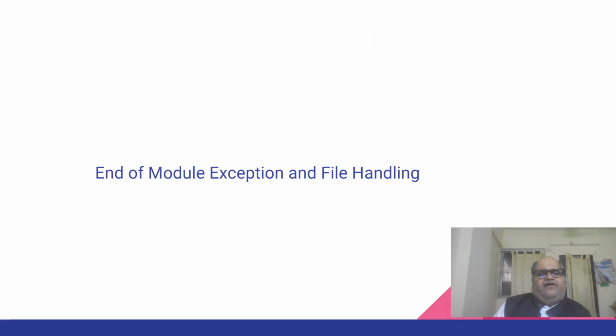Cool. So we have come to the end of this module, exception and file handling. Just as a recap, we defined exceptions, and then we talked about typical built-in exceptions. We looked at the mechanism of how exceptions are raised and handled, and we talked about the method of handling them through the try, except, and finally block structure.